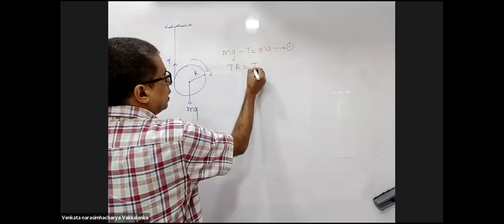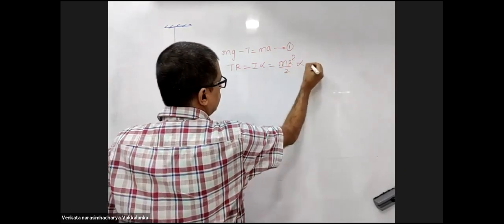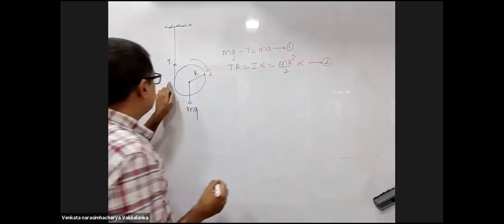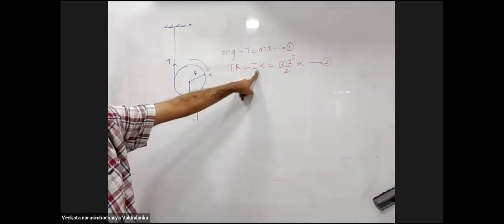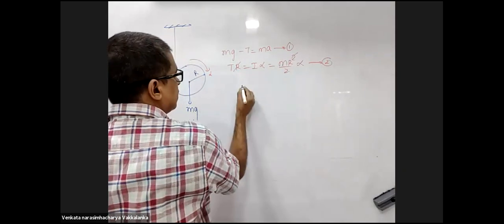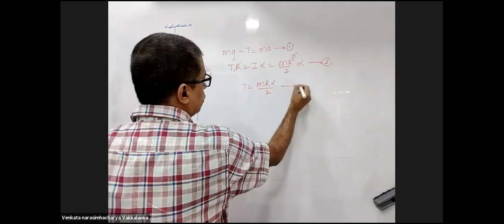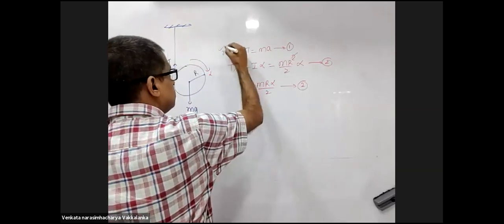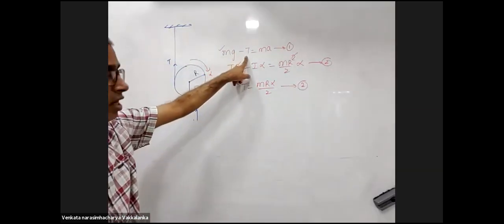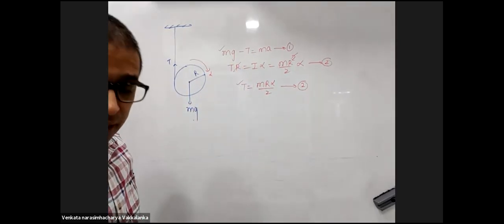T into R is I into alpha, MR squared by 2 into alpha. So one R will get cancelled out. T is MR alpha by 2. This is my first translational dynamic equation and second rotational dynamic equation.